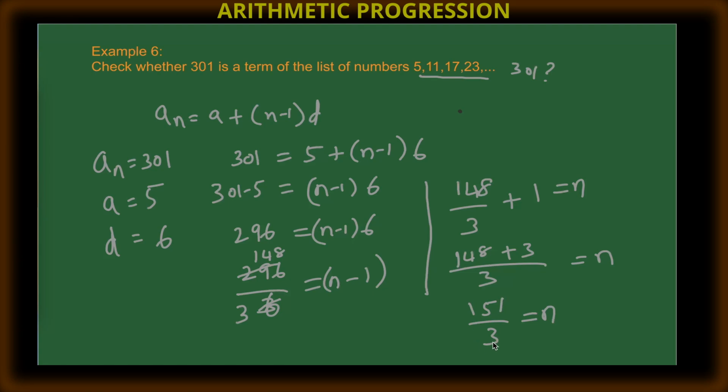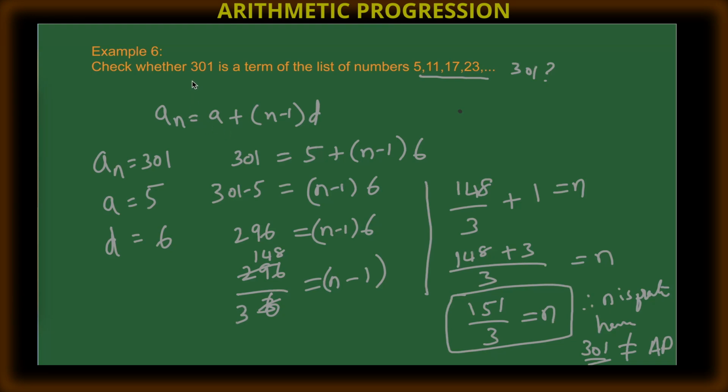Here we can see that it is coming as a fraction. Our arithmetic progression doesn't come in fraction format. So hence we can say that n is a fraction, hence 301 does not belong to the AP.